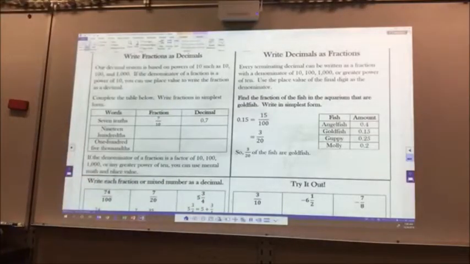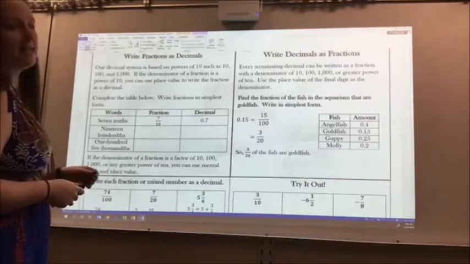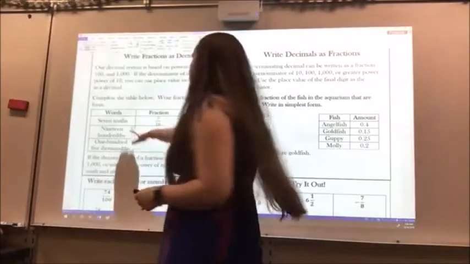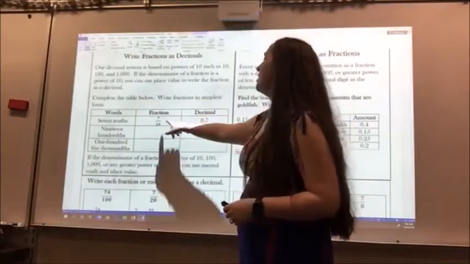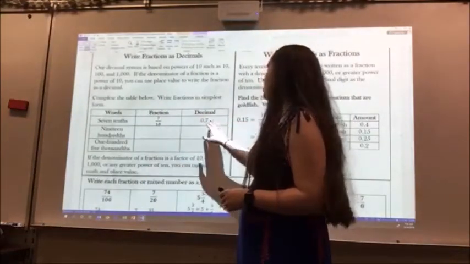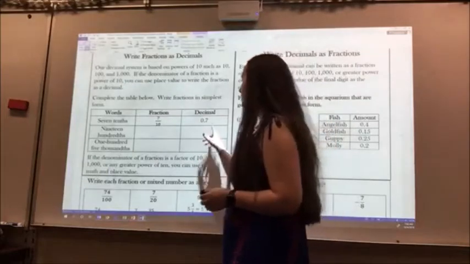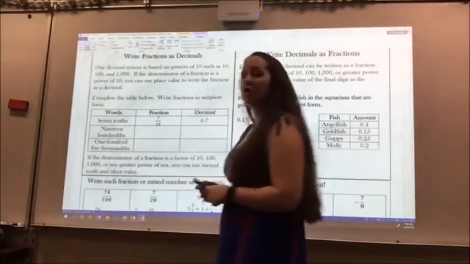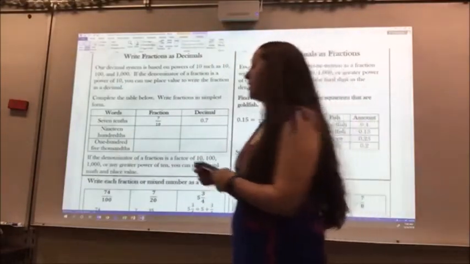So it says write fractions as decimals. Our decimal system is based on powers of 10, such as 10, 100, and 1,000. If the denominator of a fraction is a power of 10, you can use place value to write the fraction as a decimal. So complete the table below, write fractions in simplest form. So we can see 7 tenths, 7 over 10, which is 0.7. Okay, so the decimal. 19 hundredths, so that's the hundredths place.